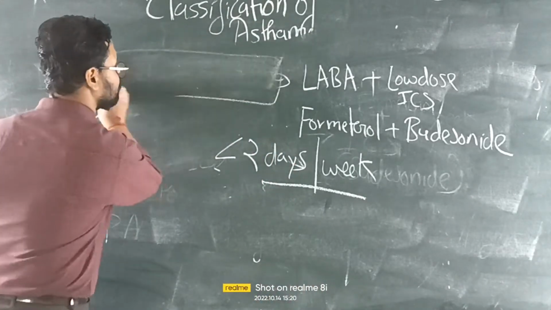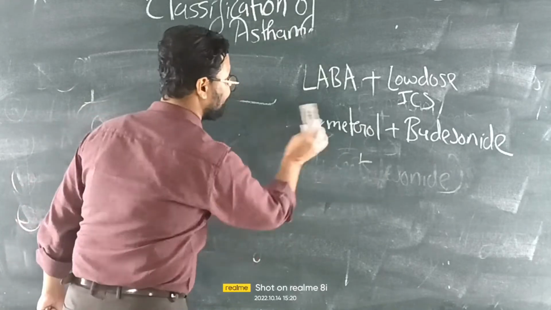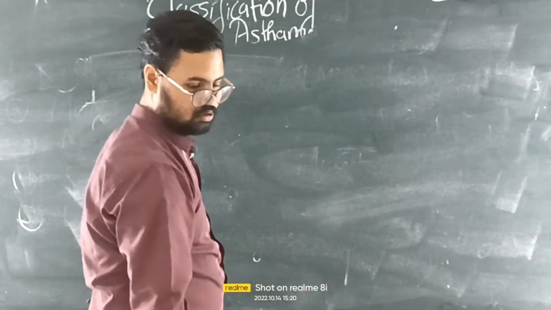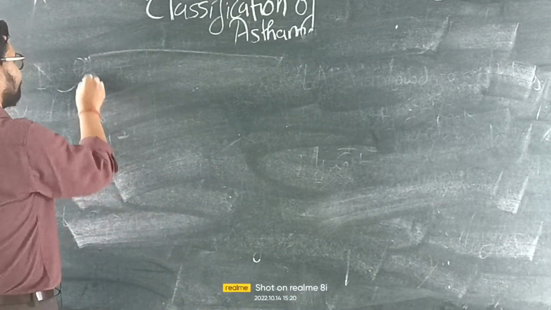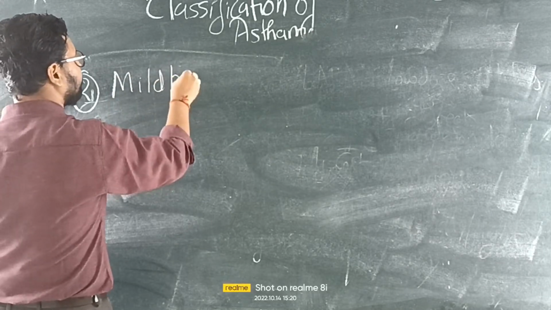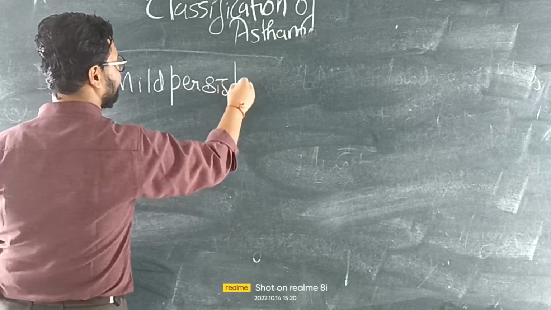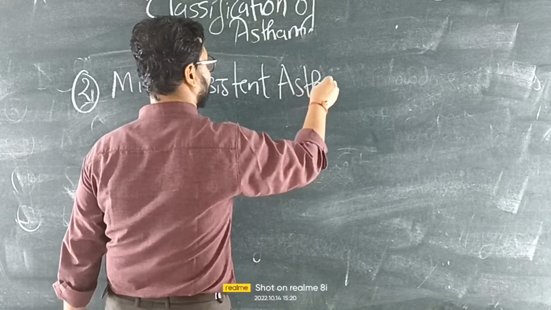Now we will talk about the next classification, the second one, that is mild persistent asthma.